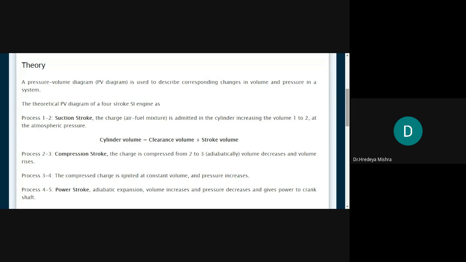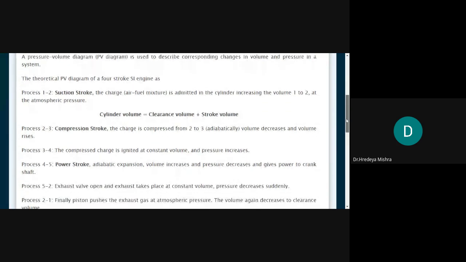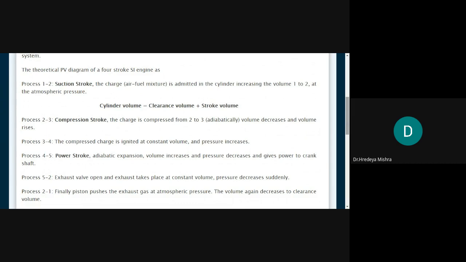What is the effect on volume with respect to pressure, or the effect of pressure with respect to volume, we can observe from this diagram. This is the theoretical PV diagram of a four stroke SI engine, and the actual diagram is somewhat different from the theoretical one.